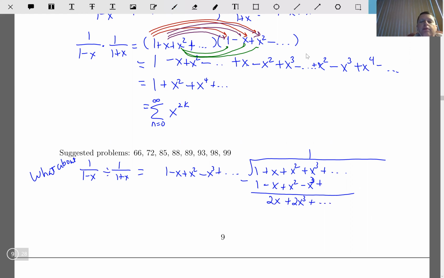Then I would have a plus 2x, and I'd get minus 2x squared plus 2x cubed, dot dot dot, etc. And so that's how we would do the long division.